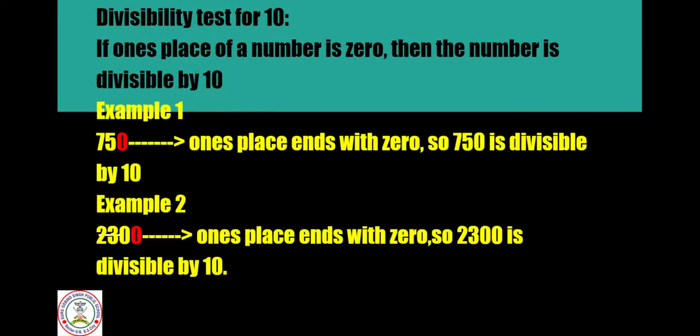Ones place ends with 0, so 750 is divisible by 10. Example 2. 2300. Ones place is 0, so we can say 2300 is divisible by 10.